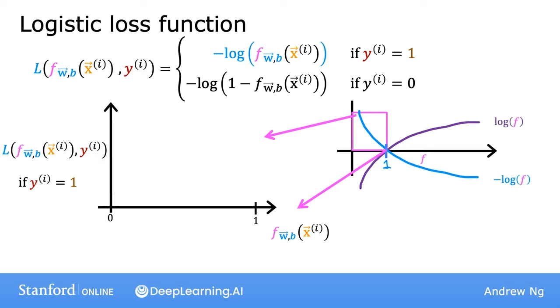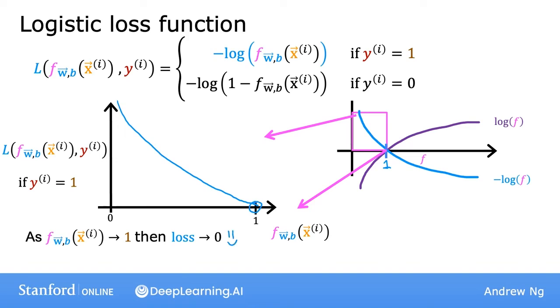If the algorithm predicts a probability close to 1, and the true label is 1, then the loss is very small. It's pretty much 0, because you're very close to the right answer. Now, continuing with the example of the true label y being 1, so say it really is a malignant tumor, if the algorithm predicts 0.5, then the loss is at this point here, which is a bit higher but not that high.